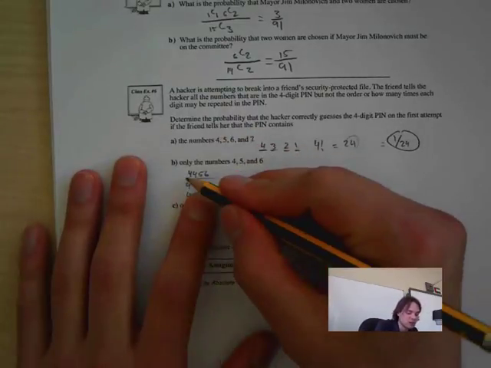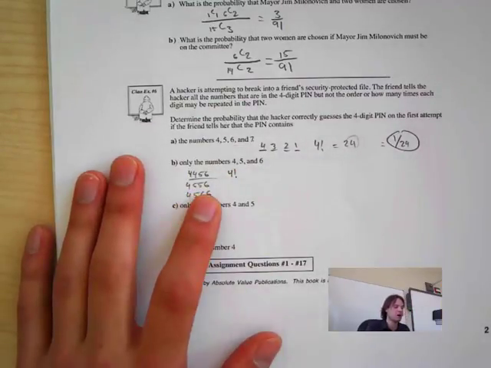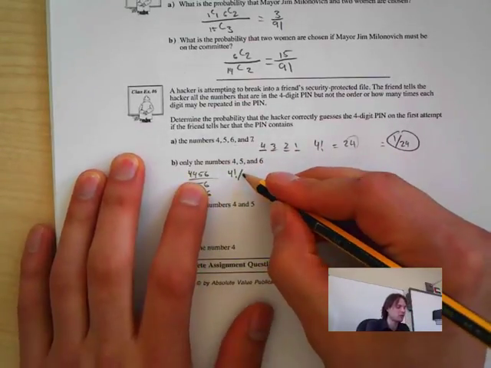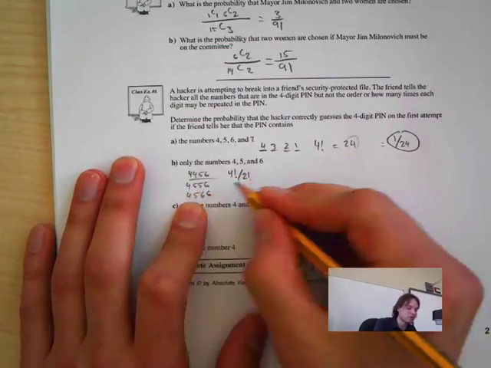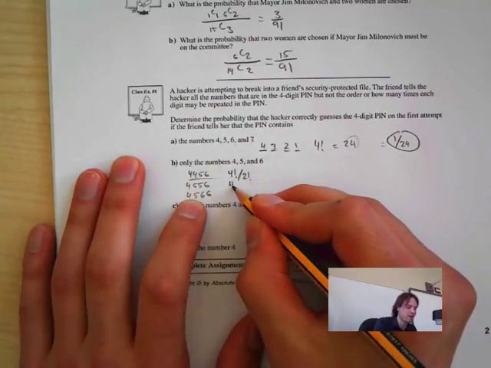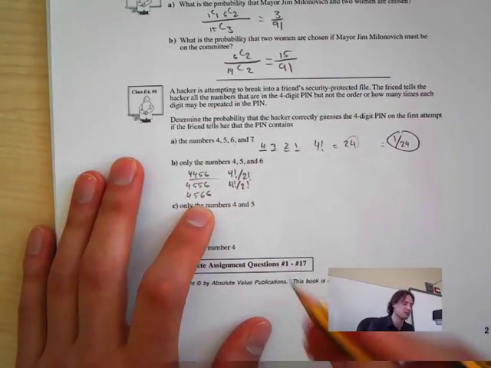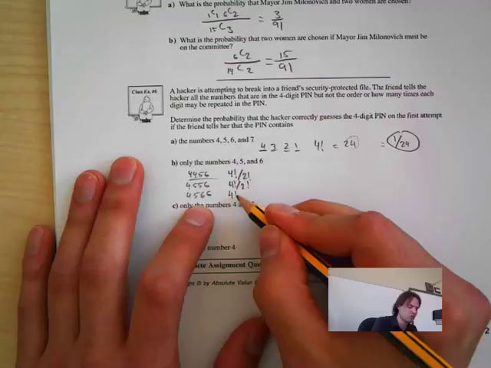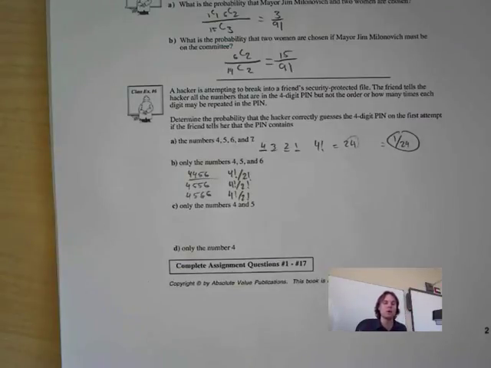So really, we still have 4 digits, so that's 4 factorial divided by 2 factorial for the repeated one. Or we could have 2 5s, which is 4 factorial divided by 2 factorial. Or we could have 2 6s, which is 4 factorial divided by 2 factorial. Now, every time I say and, that means multiply. Or means to add.